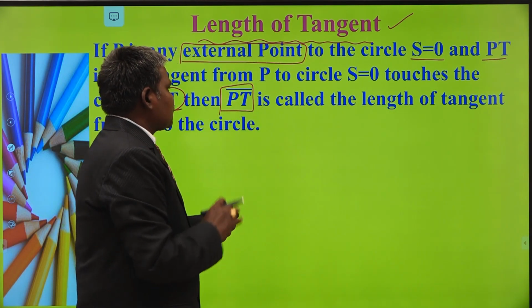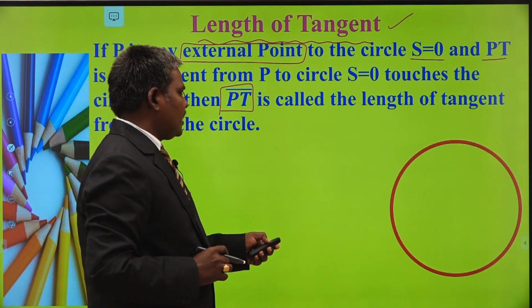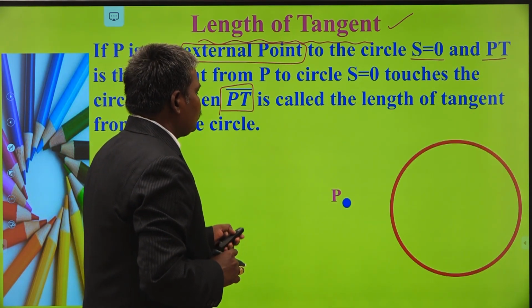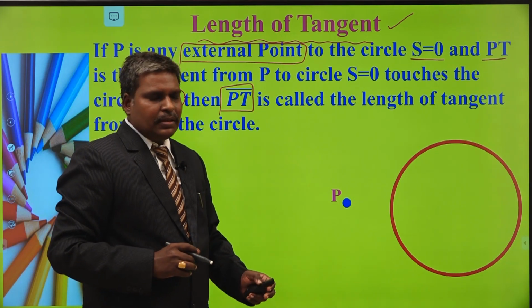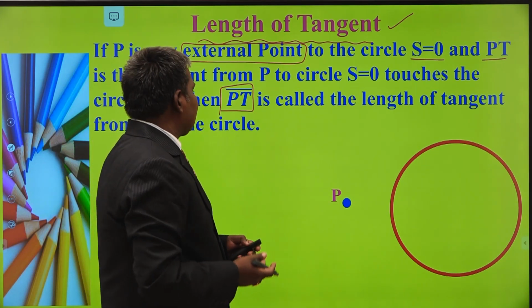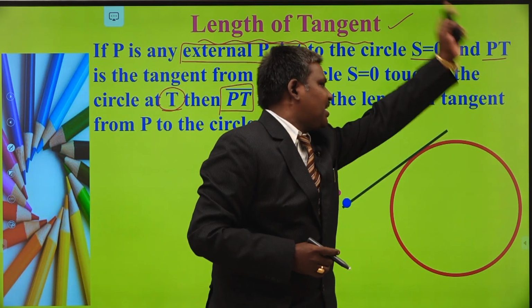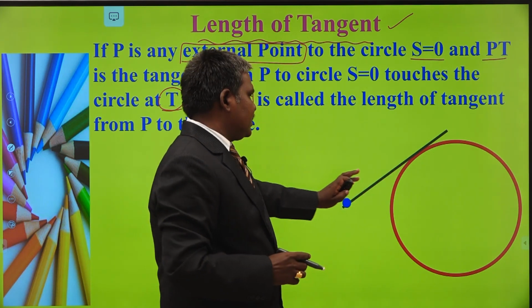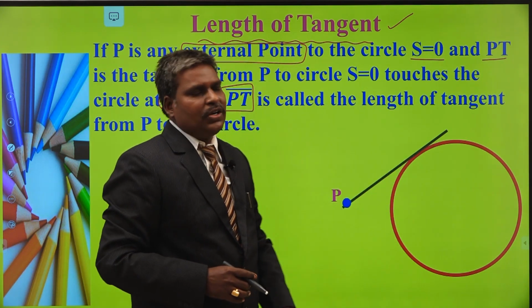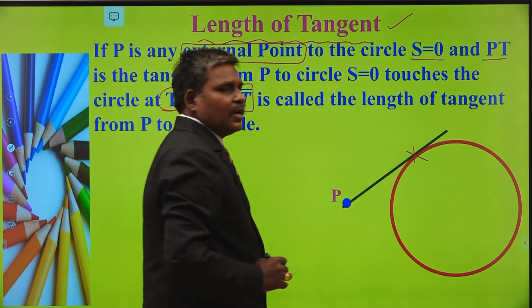So, I will explain the definition through the diagram itself. This is my circle. This is the point which is outside the circle. Carefully, I want to define the length of tangent. This is the tangent we can draw, we can extend. Whatever it may be, this may be the tangent. If you want to find the length of tangent, you pick out the point of contact first of all.